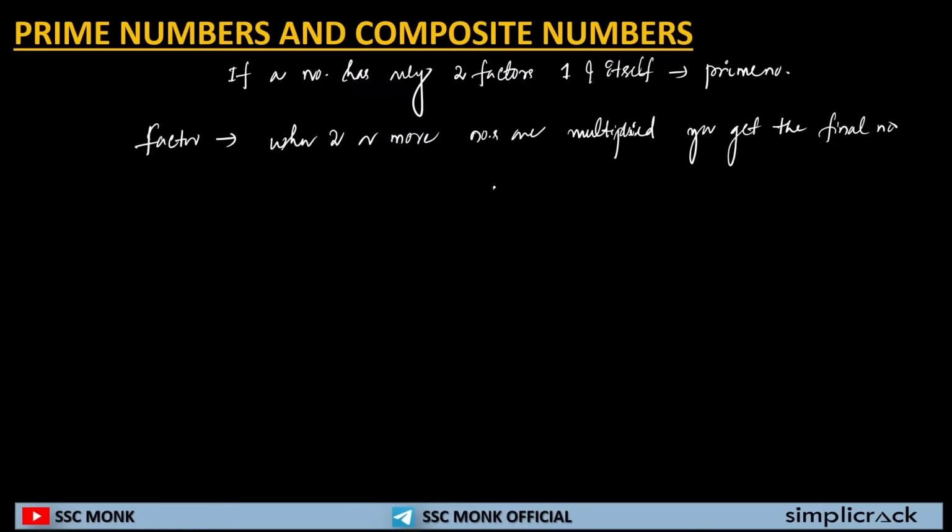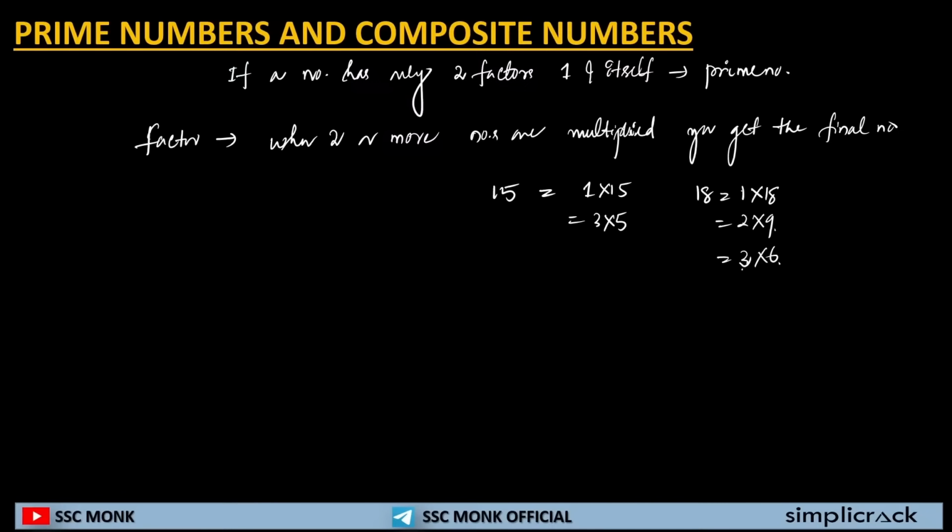Let's say 15 is a number, so 15 can be formed by 1 into 15 or 3 into 5. Yes or no? Yes. If I say 18 is a number, it can be formed by 1 into 18 or 2 into 9 or 3 into 6. Yes or no? So this way you can say 1, 2, 3, 6, 9 and 18 are what? Factors of 18, because these are creating 18.